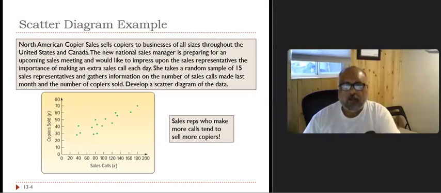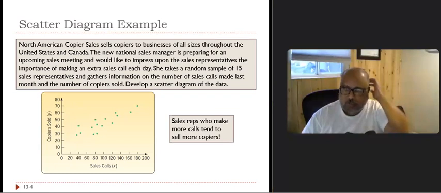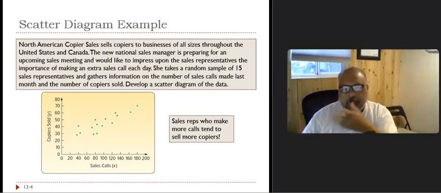Now let's look at one example of this scatter diagram. The diagram uses the same data that we just saw on the previous slide. So this shows how this is plotted. You can see the sales calls are along the x-axis, and copiers sold are along the y-axis.